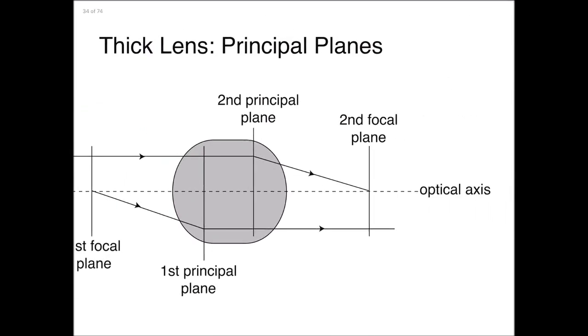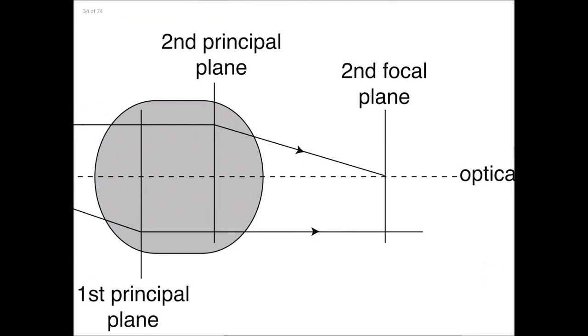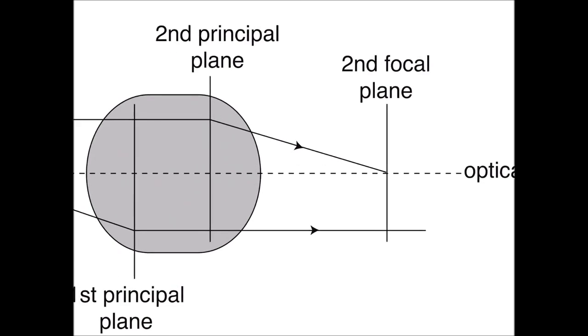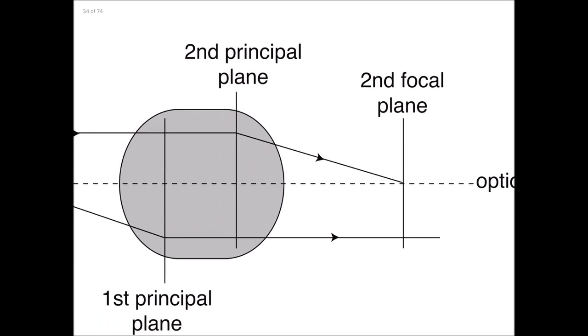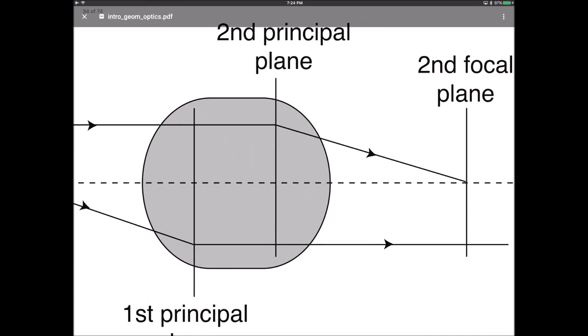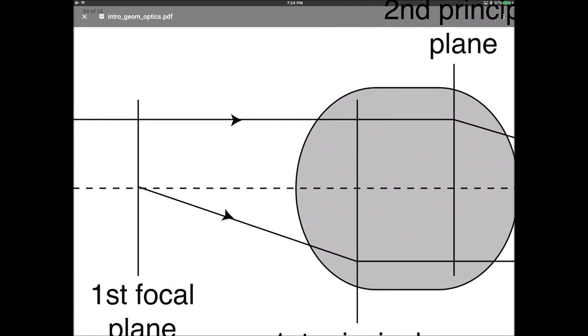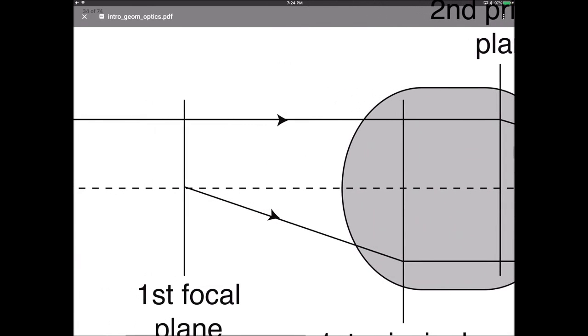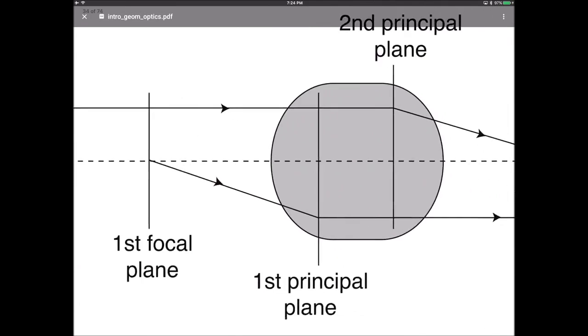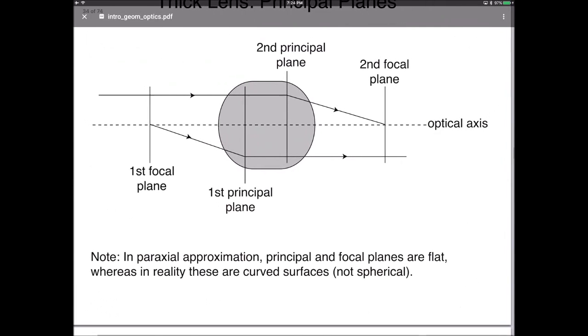So remember, if you're going to solve this problem again by matrix formulations, you have to write the output vector, the output matrix, as the product of a free space propagation matrix, refraction at spherical interface, translation through uniform medium within the lens, refraction at spherical interface, free space propagation matrix, times the input vector, times the input matrix.